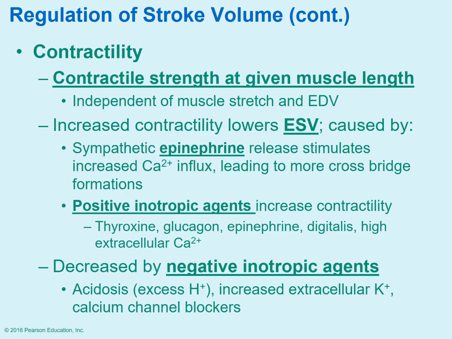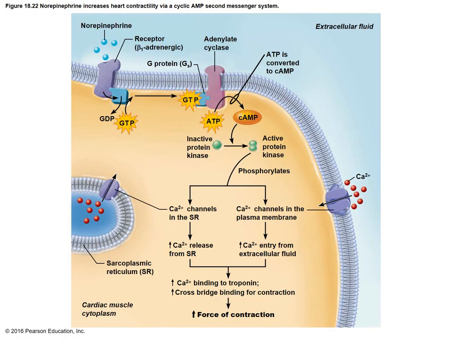Acidosis, which is an excess of hydrogen ions, an increase in extracellular potassium, and calcium channel blockers have a decreasing effect. And this is just an example of showing with norepinephrine how it can increase that heart contractility and the effect that it has on increasing the amount of calcium.